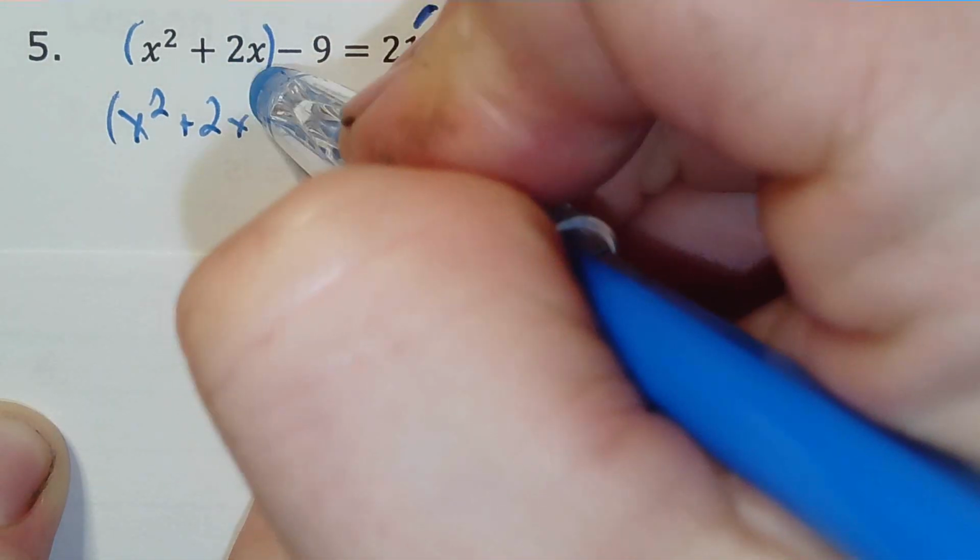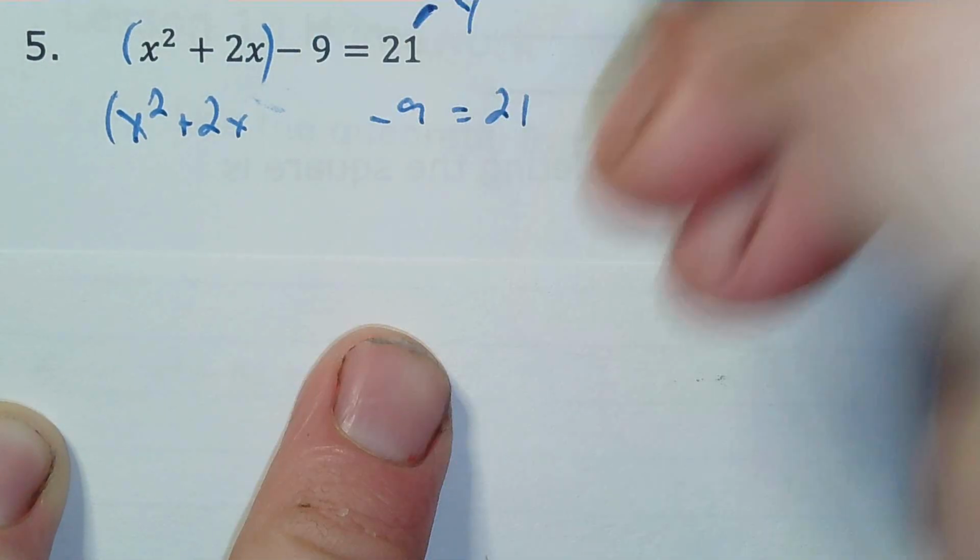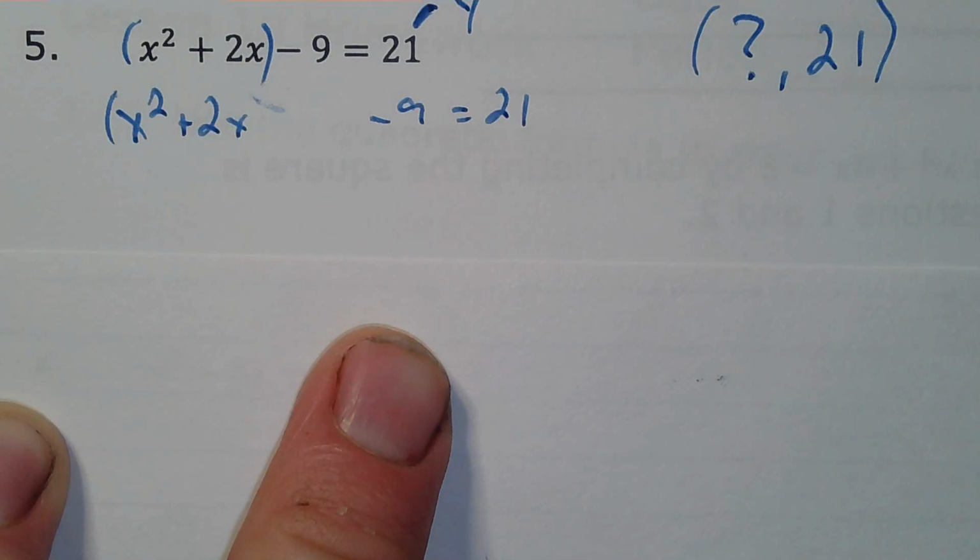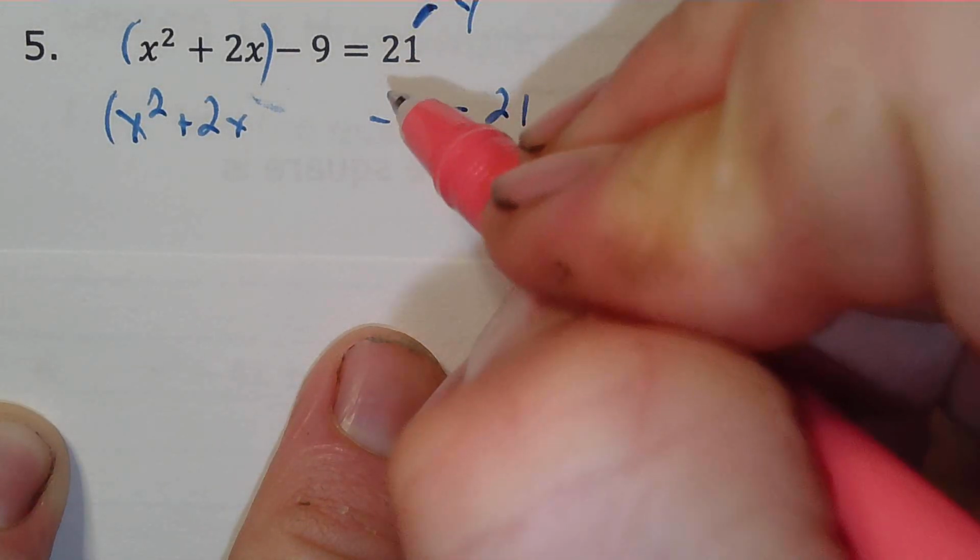My a term is just 1, which is what I need to be able to complete the square. If there's anything in front of my x squared term, whether it's a number, a negative sign, or a negative sign with a number, I need to factor that out, but that's not the case here. And so all I've got to do now is go into my completing the square method.